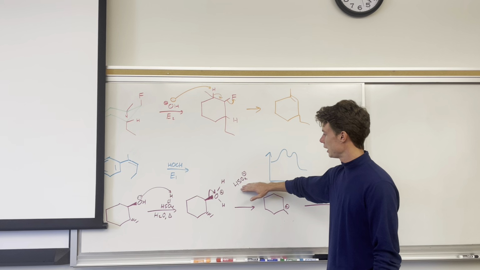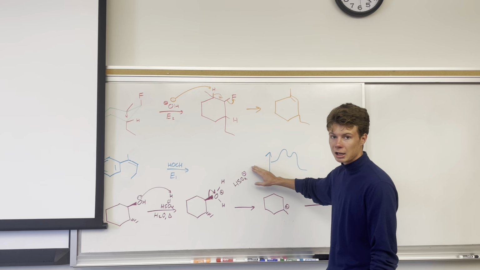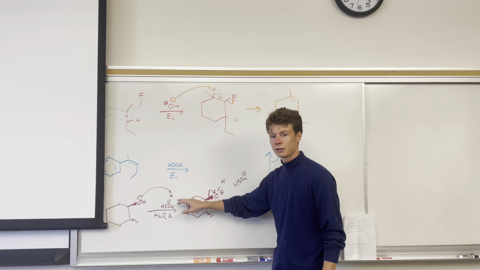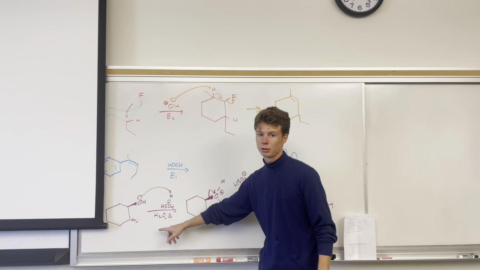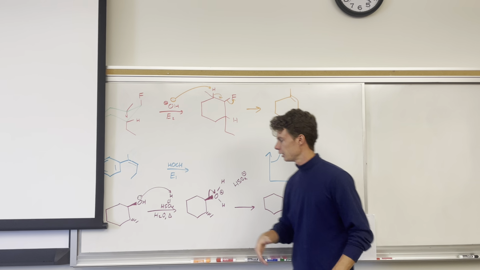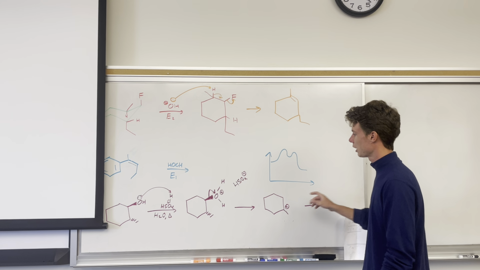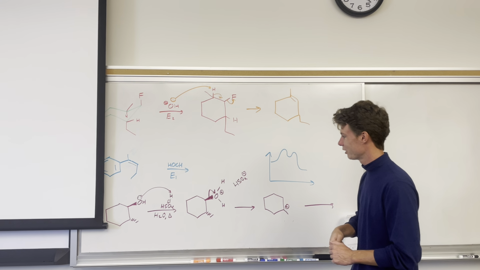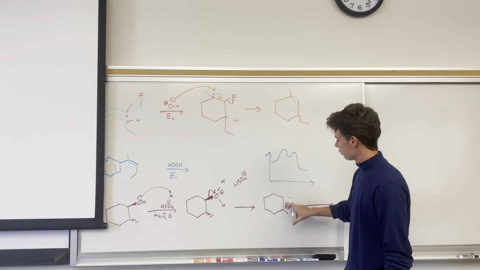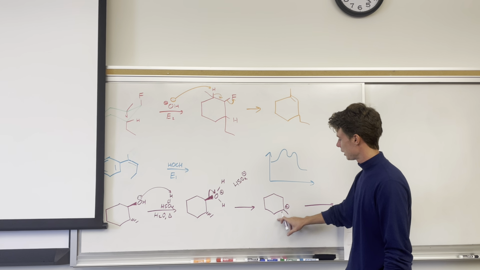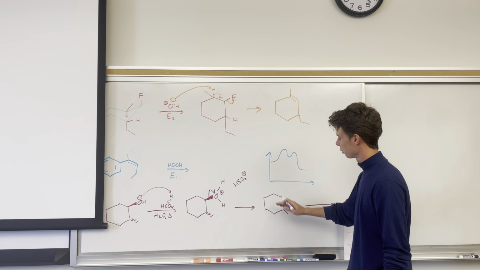But then I also have HSO4 minus, which I made over here in this step. That minus should tell you that this is likely a better base than water. So that would be the base that I use. It's going to come back and take that hydrogen back. Notice it doesn't matter which beta hydrogen I choose here. Either way, I'm going to be making the same molecule because this is symmetrical.